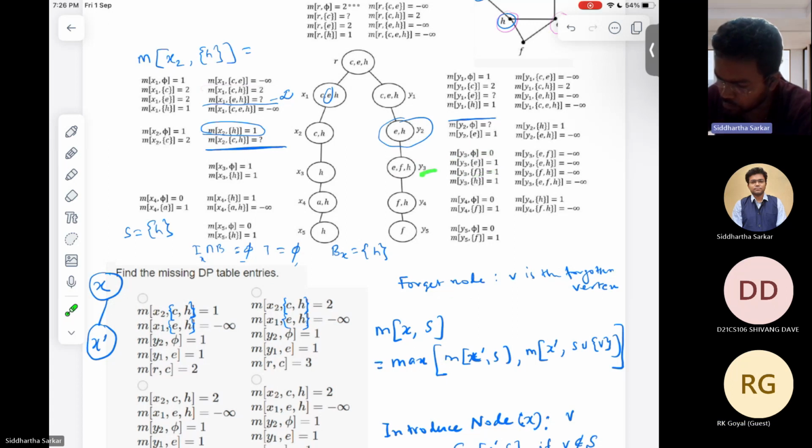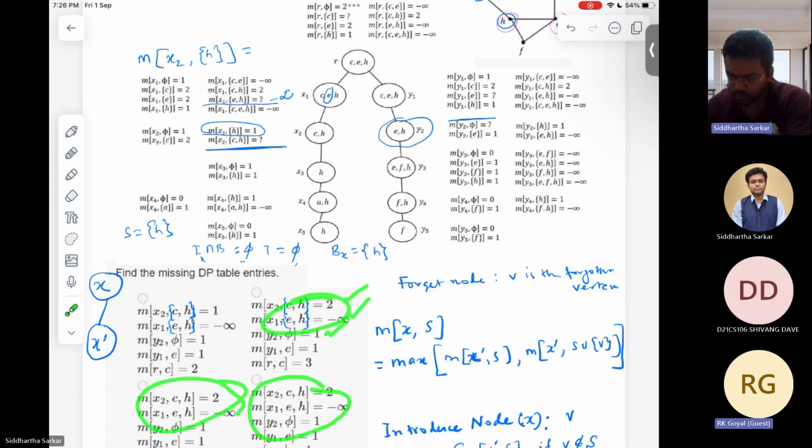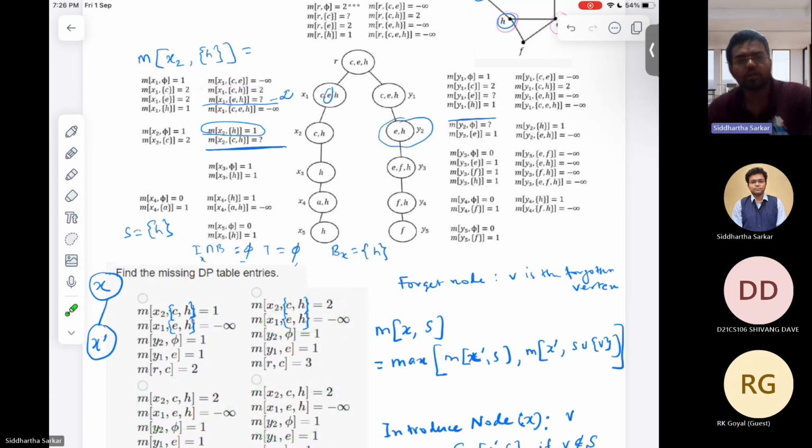So this is plus 1. Do you understand what I said? Yes. So this one is plus 1. Minus infinity to this is possible, this is also possible. So Shivang, are you okay with the calculation of this node?